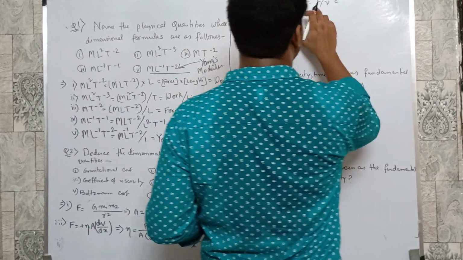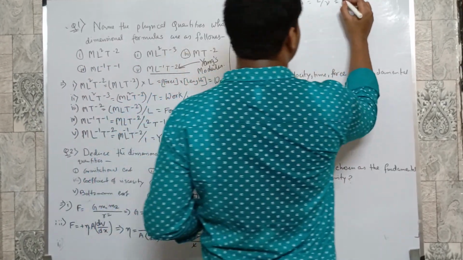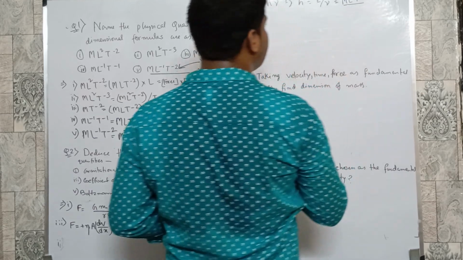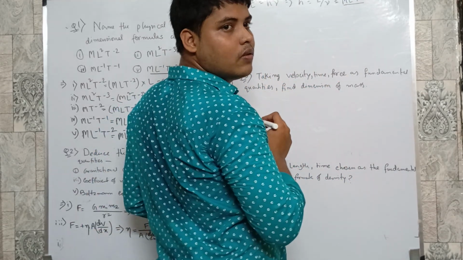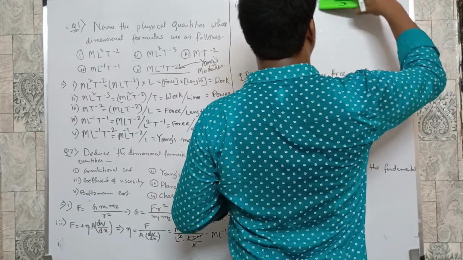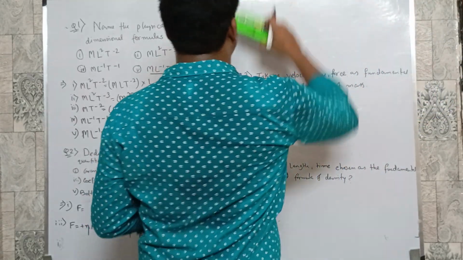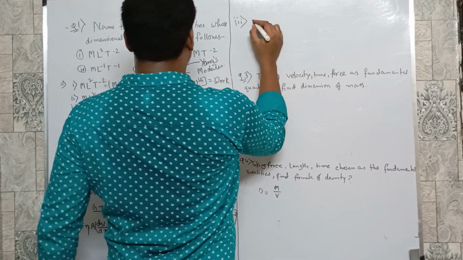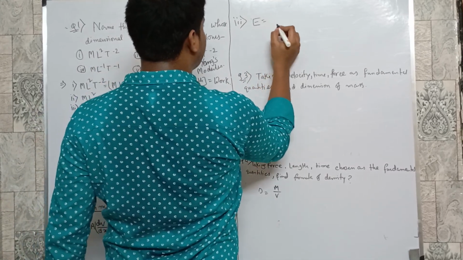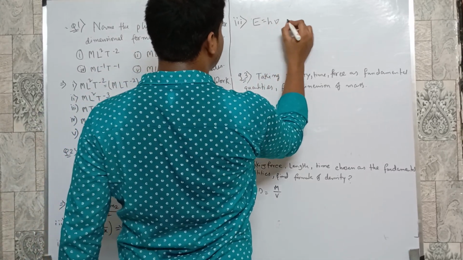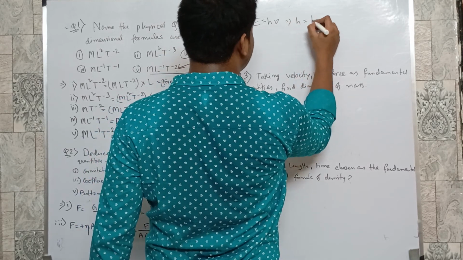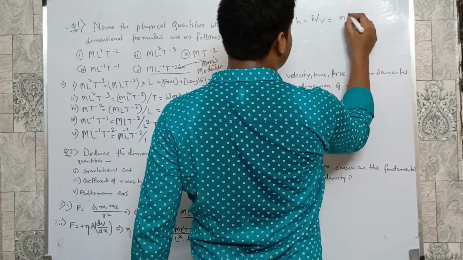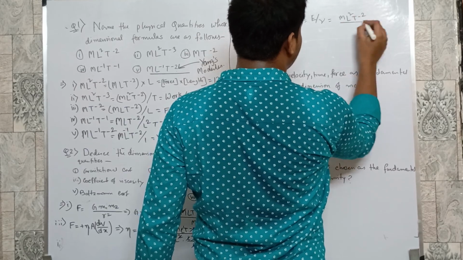The dimension of energy is M L square T minus 2. Energy equals h nu, implies h equals E by nu, equals M L square T minus 2 by frequency.